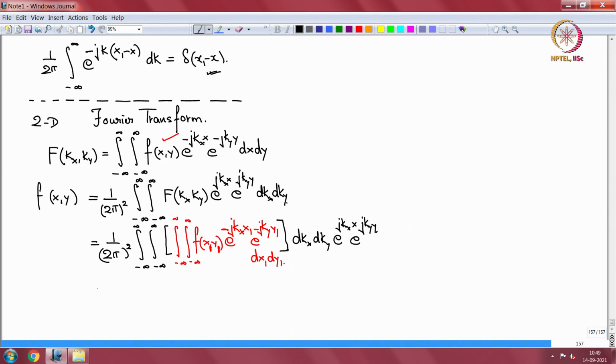So now we'll do whatever we did last time. Integral minus infinity to infinity, minus infinity to infinity. So this is f of x1 y1.